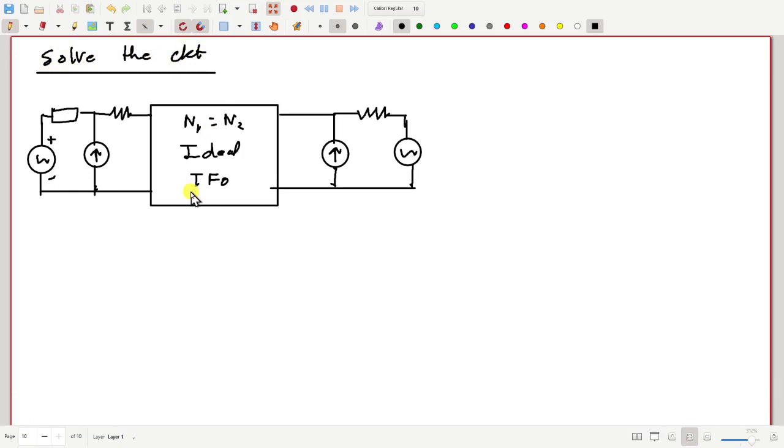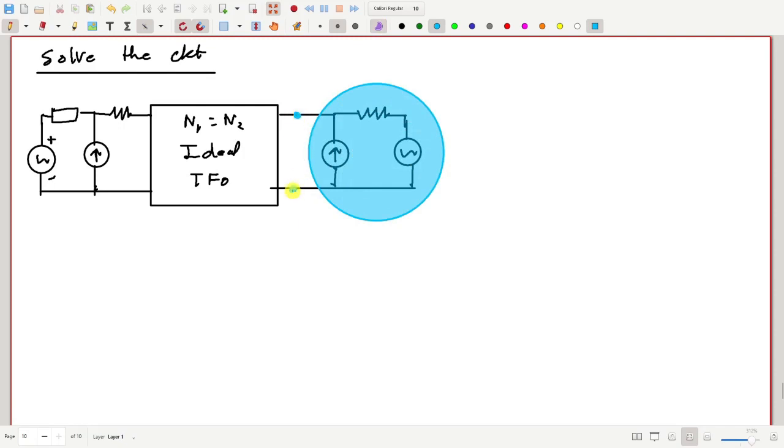Okay, to solve this circuit, we can do this thing. Consider the right side of the circuit.